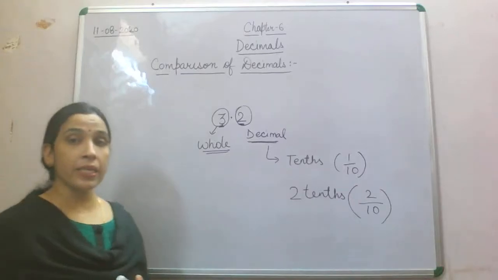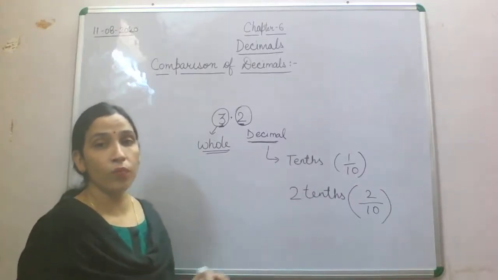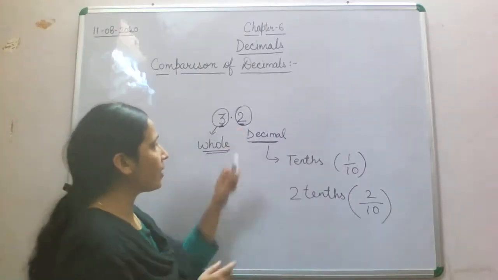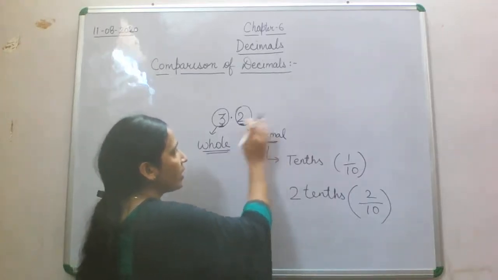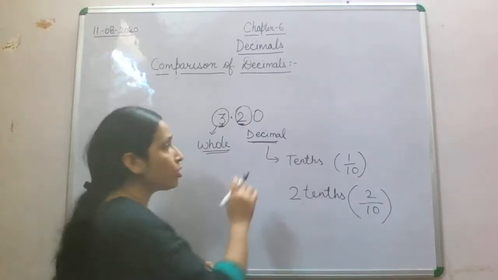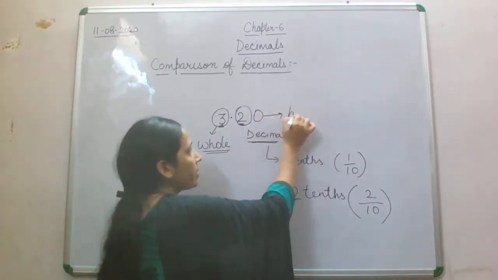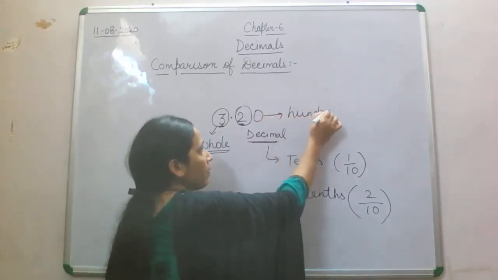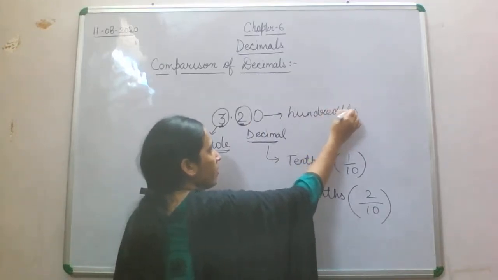Now next thing, if any one of you asks which is your 100th place, I don't have anything here, so what I can do is write 0 over there. So 0 will become our 100th place. Fine.